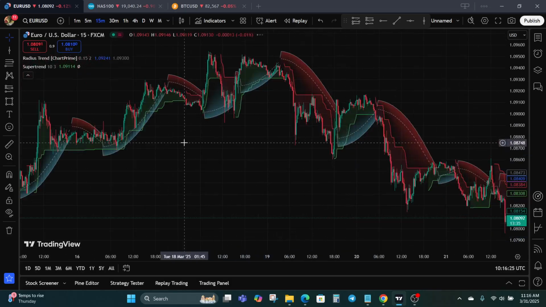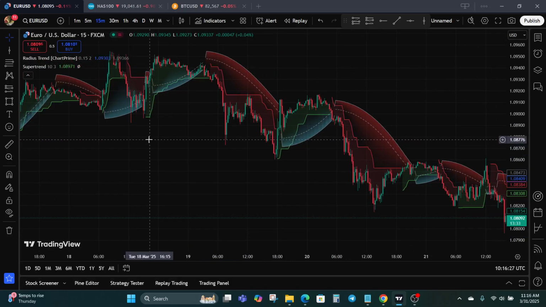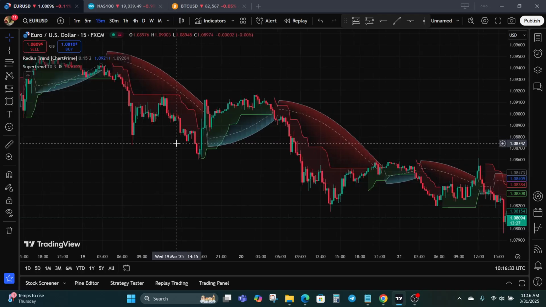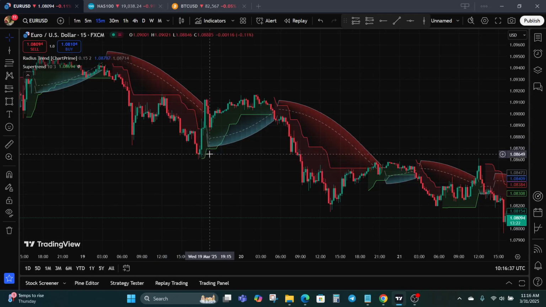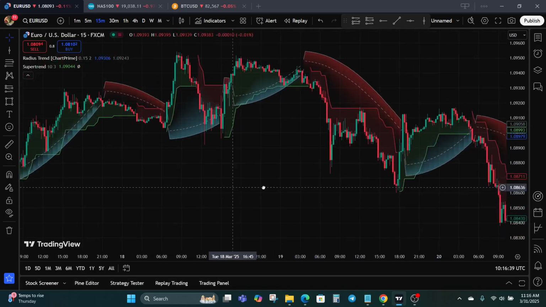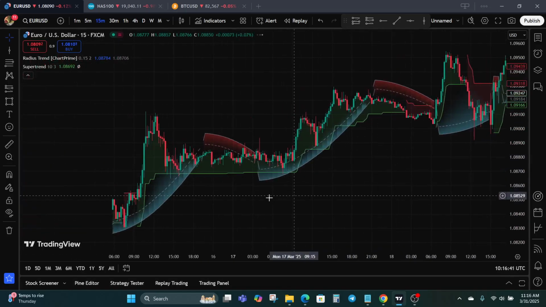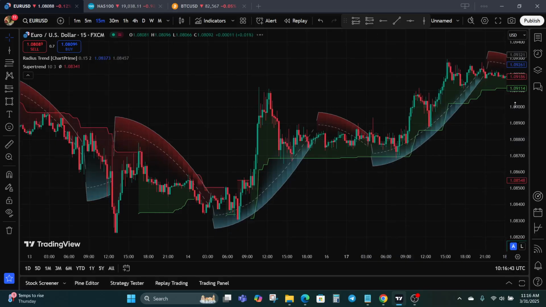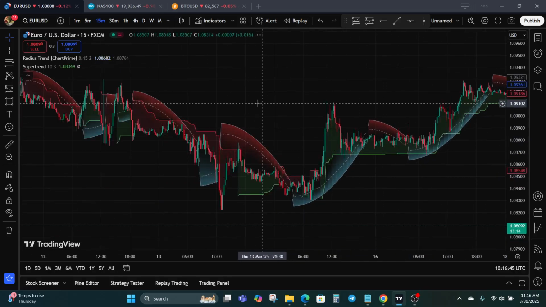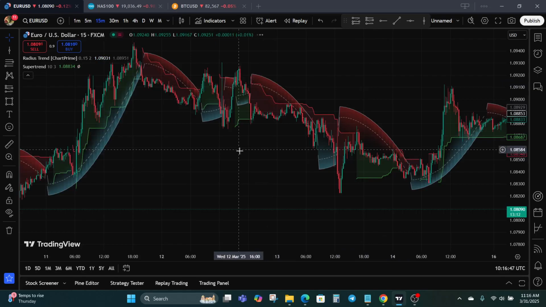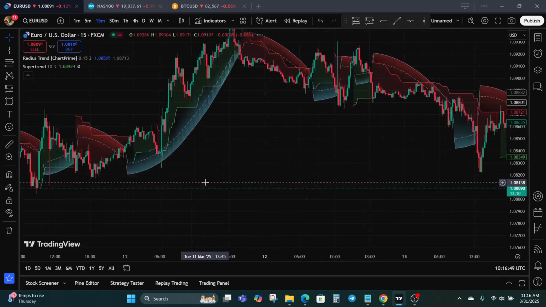Now let's see if there's any other obvious difference that we can point out. The super trend is actually a great indicator. I'm not saying that if you are using super trend you should stop using it and suddenly switch to radius trend. I'm just trying to point out what I can observe on the chart.